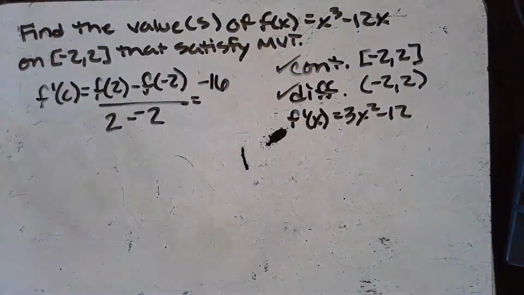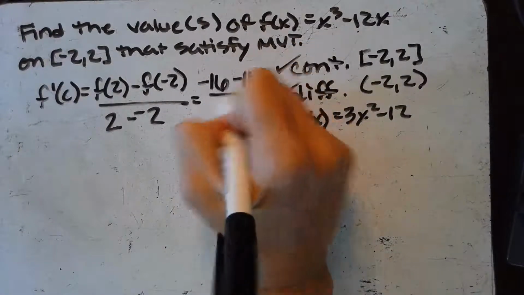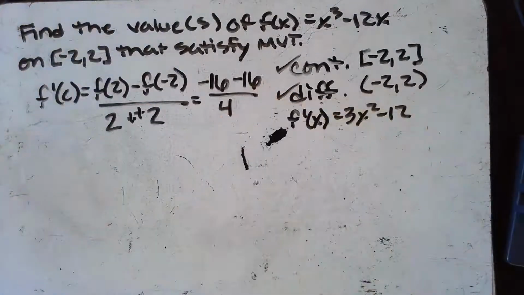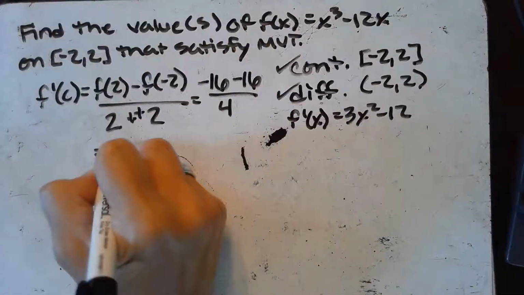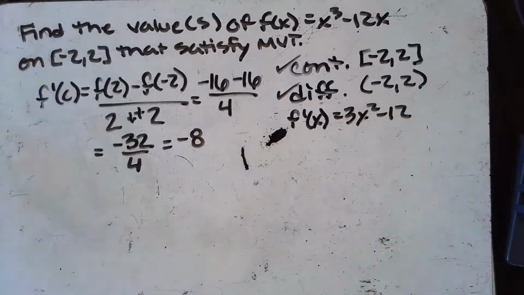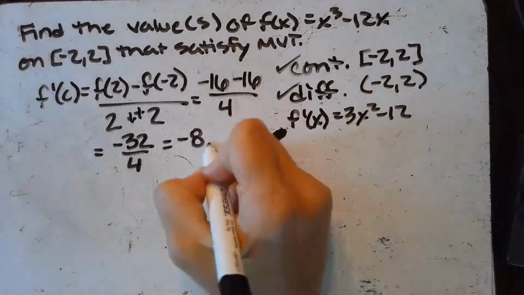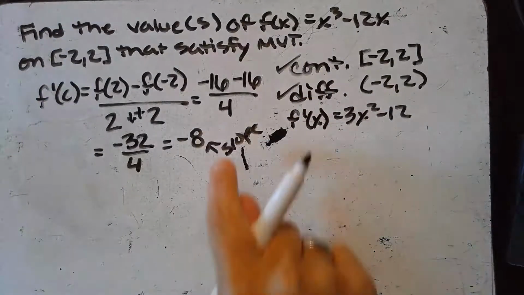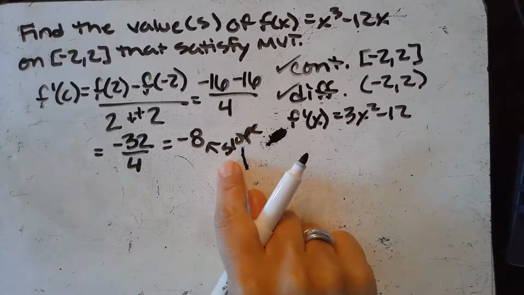All right, f of -2 is positive 16. All right, and this makes 4 right here. So this equals -32 over 4, which is -8. Okay, so again, remember this is slope. This is not our c value. All right, so this is the slope of the secant line.